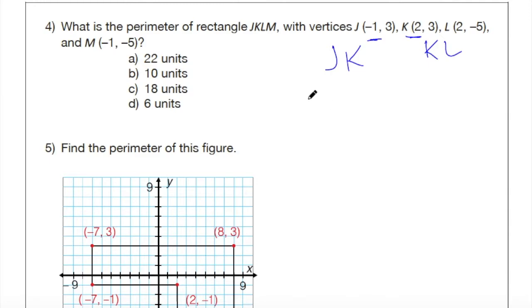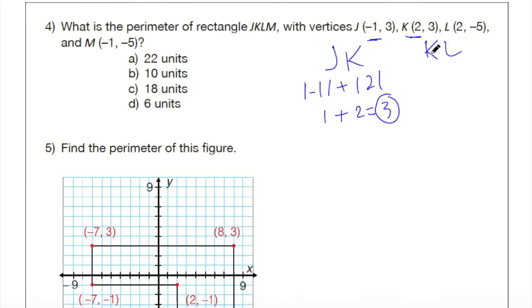So we're going to add their absolute values. So it will be absolute value of -1 plus absolute value of 2, which is 1 plus 2 equals 3 units. Now we have two sides of 3 units.